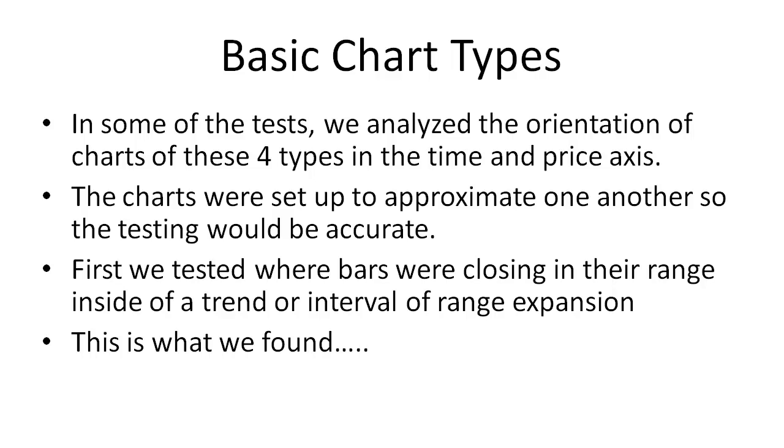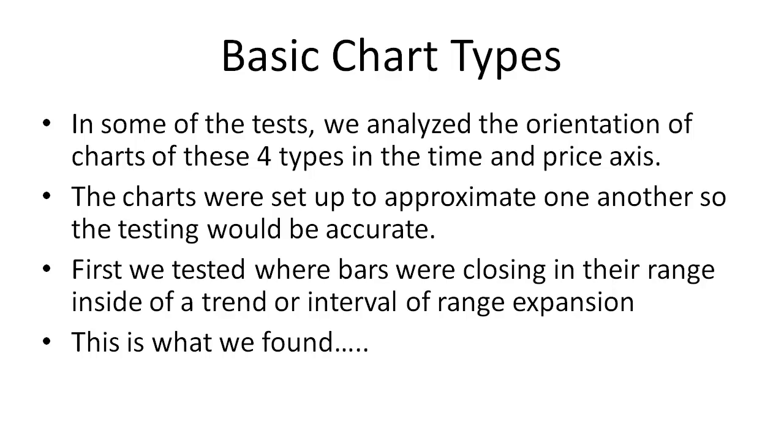We set the charts up so that they would approximate each other so the testing would be accurate. First we tested where bars were closing in their range inside of a trend or interval of range expansion. This is what we found. Before I go there, though, typically you're feeding into your indicators, for example, the closing price of a bar.